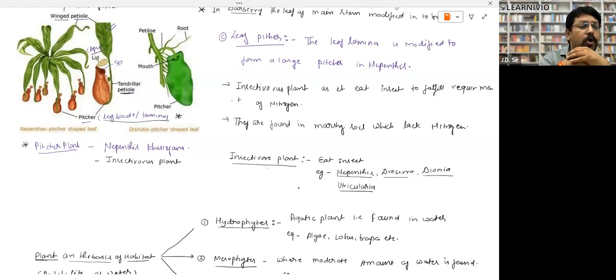Why only insects? Because the external morphological organs, wings, limbs, and all that external cover, are made up of chitin, which is rich in nitrogen. Please note this down. Put the heading insectivore plant and write down the examples right now.